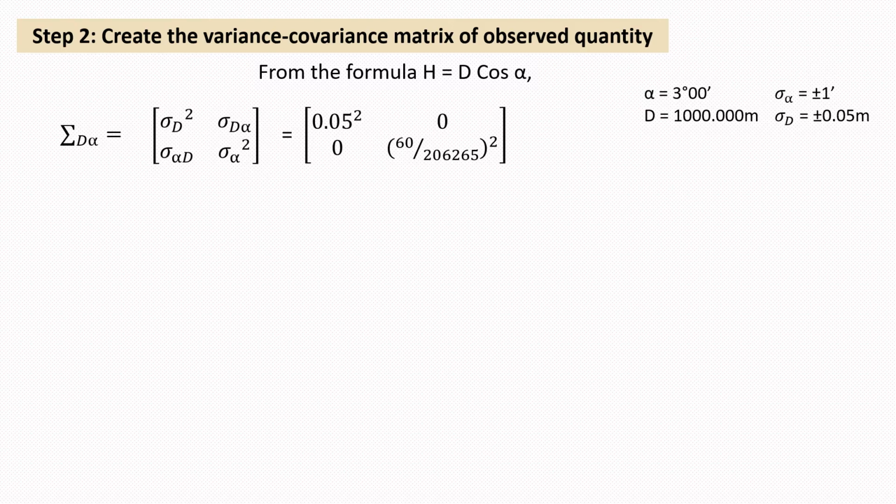So, the variance covariance matrix for the observed quantity d and alpha is equal to 0.05 square and 1 minute or 60 seconds divided by 206,265 square respectively. Here, the second unit needs to be converted to radian in order to make the unit standardized. Please refer to the previous video lecture for a detailed explanation on why the unit second needs to be divided by 206,265.